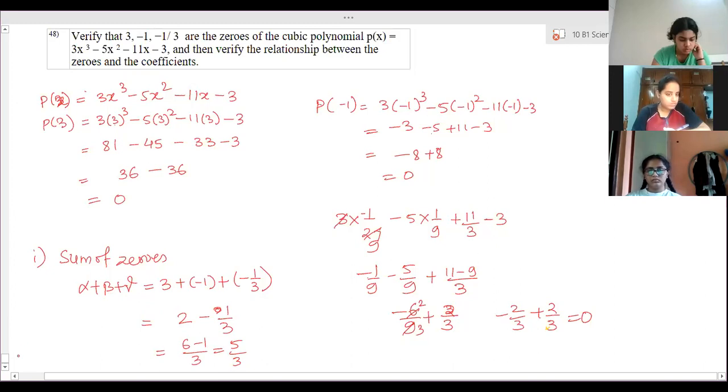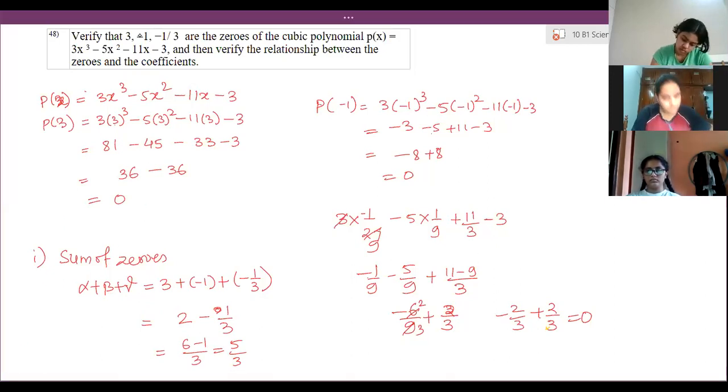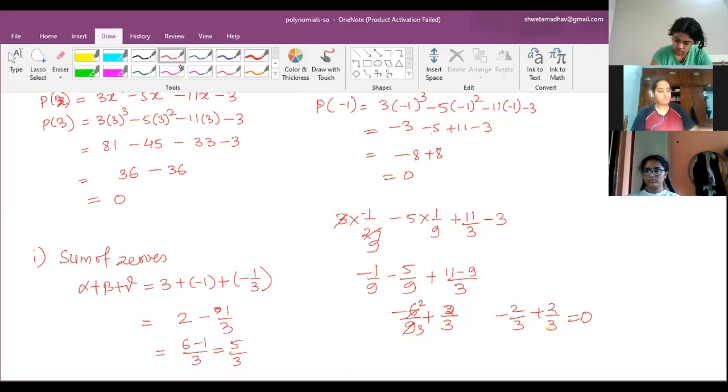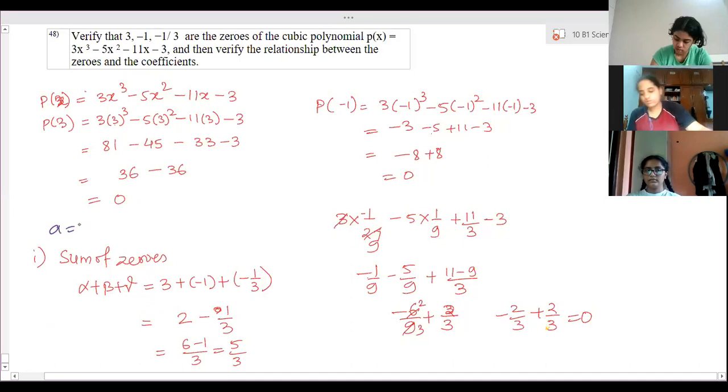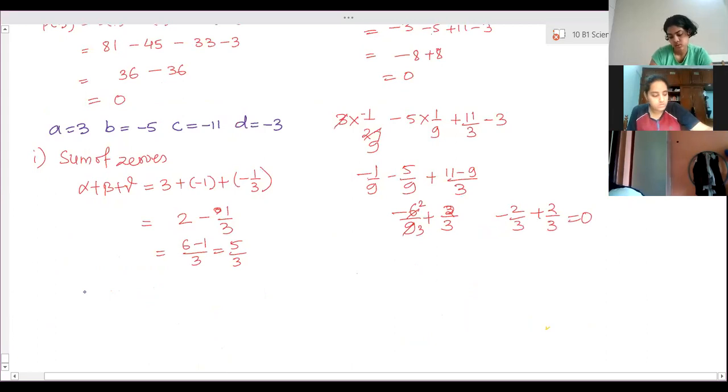And then minus b by a. So what are the values of a, b, c, d? a is 3, b is minus 5, c is minus 11, d is minus 3. So what is the value of minus b by a?